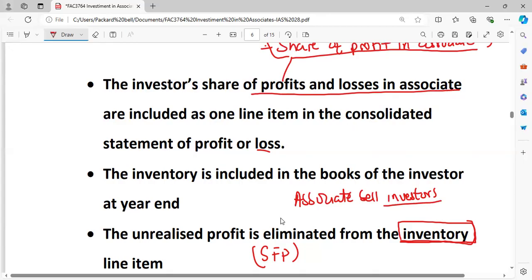So when we go to the statement of financial position, it also means we need to adjust the line item of the inventory in the statement of financial position. So my question is, why are we not adjusting the line item of the inventory if the associate is the one who is holding the inventory?